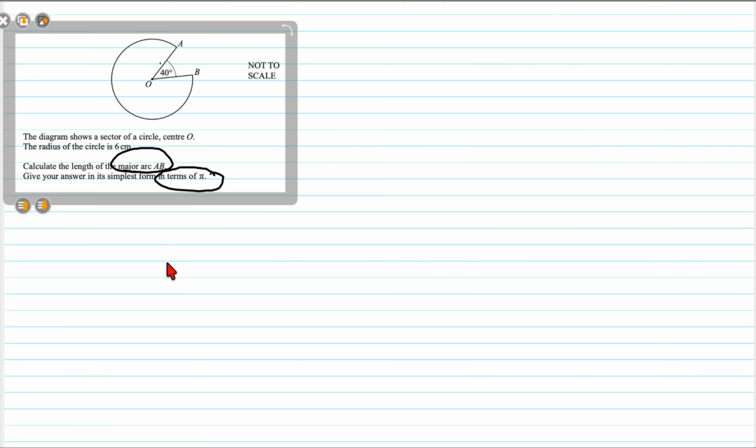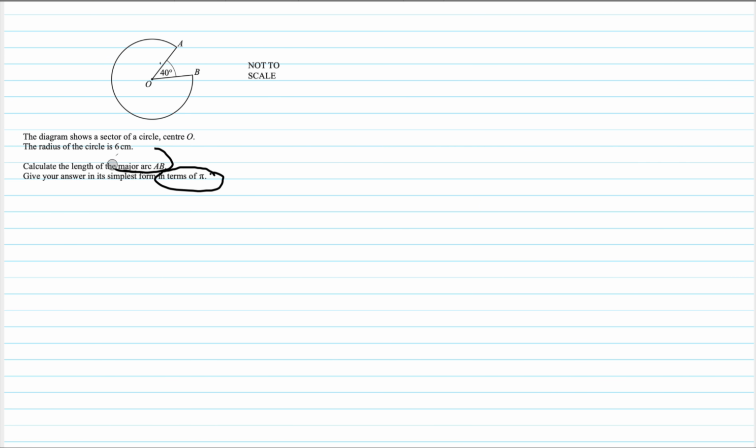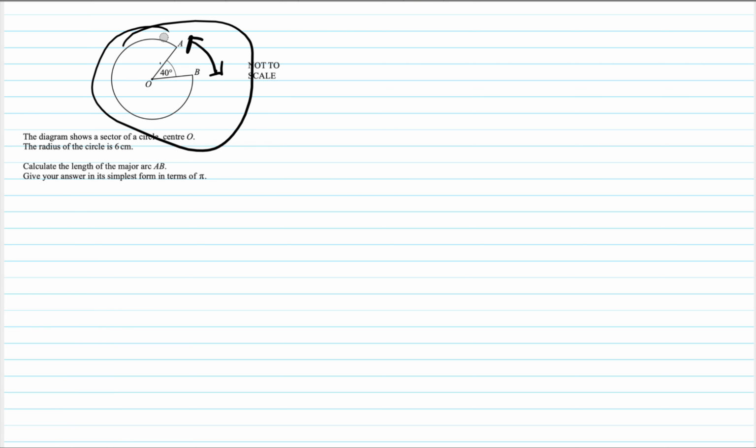So the other way of solving this question is you find the length of the minor arc, but you must subtract it from the circumference of the circle. Because this is the entire circumference of the circle, and this circumference is made up of the minor arc and the major arc.